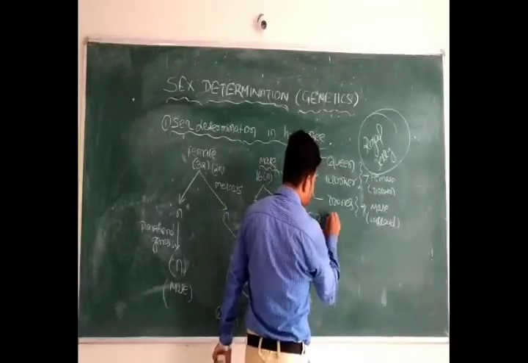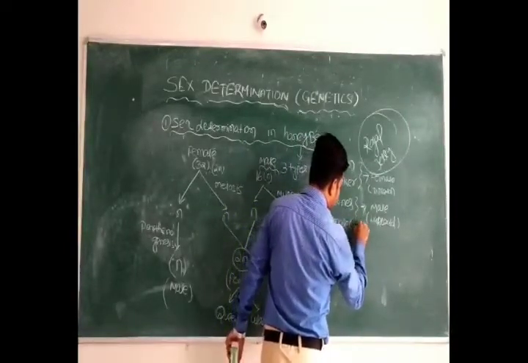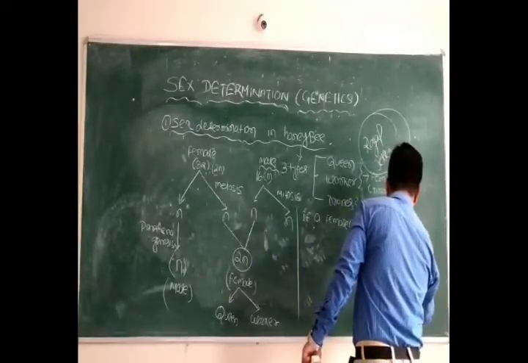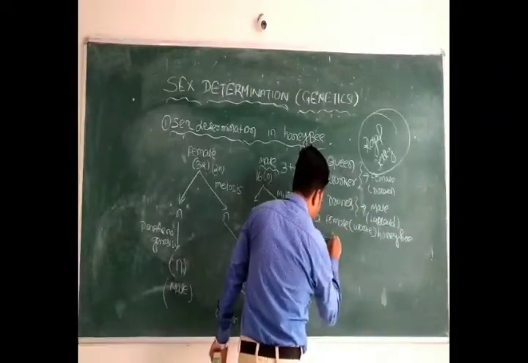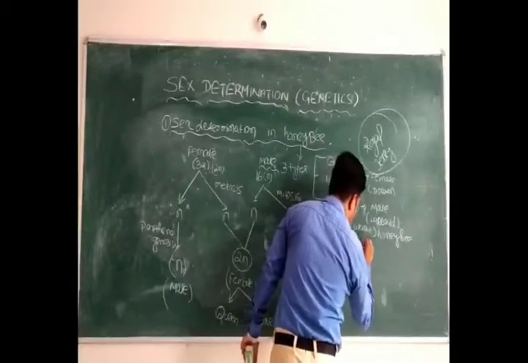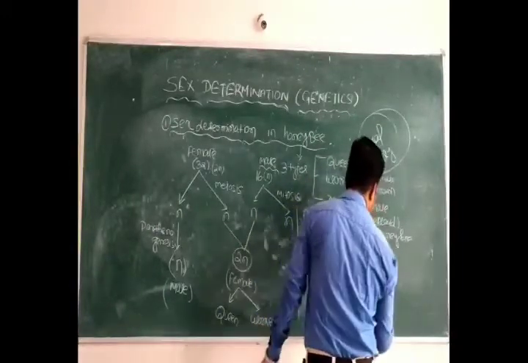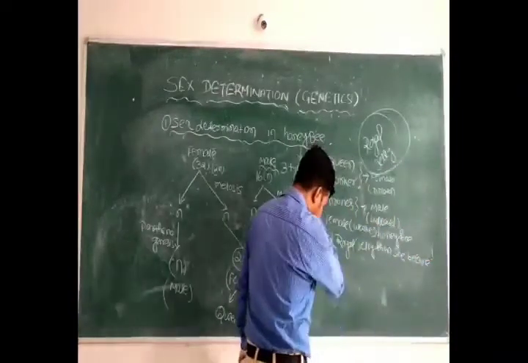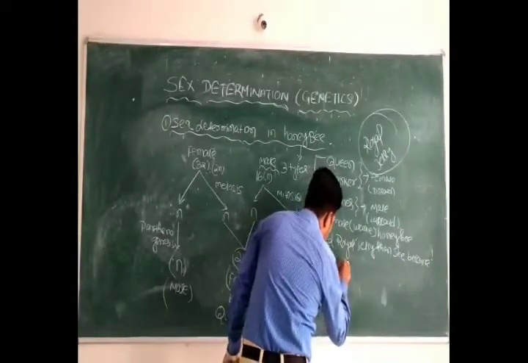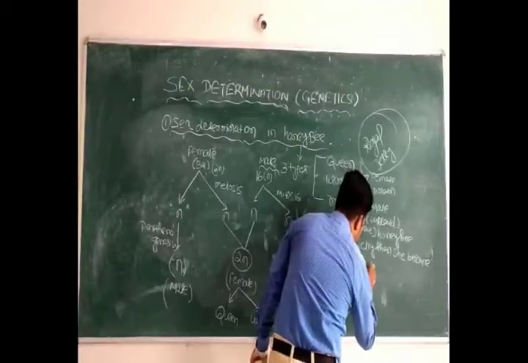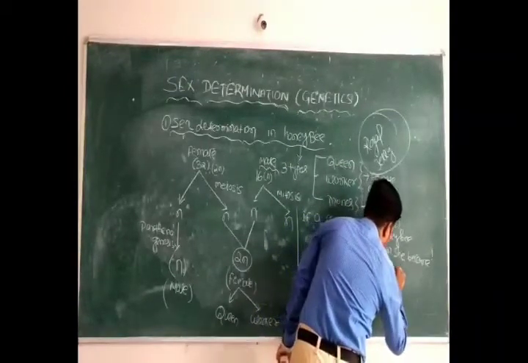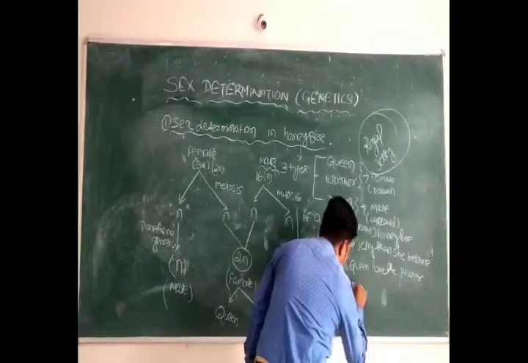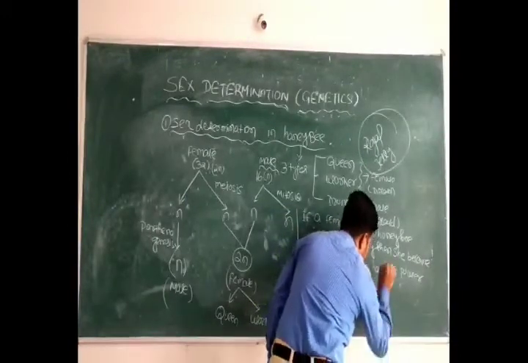If a female worker honeybee feeds on royal jelly, then she becomes queen, and the queen has the power to reproduce.